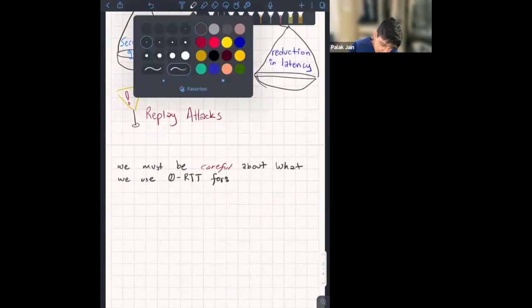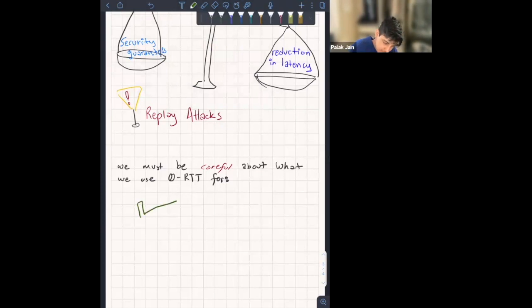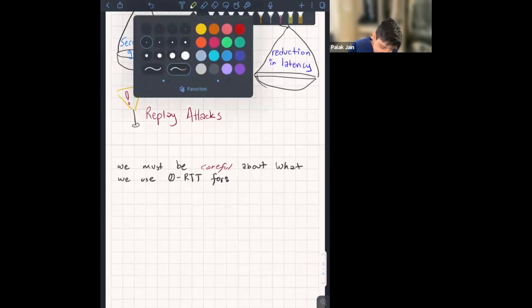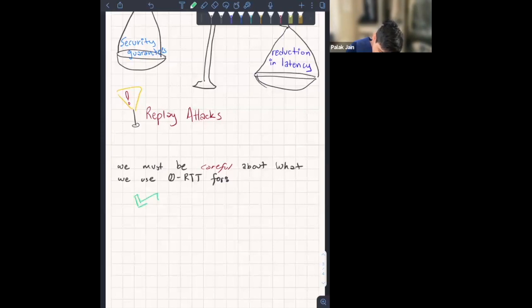So we discussed some examples right now, right? And so maybe I'll use a brighter green. The example of something that worked was getting a public static page, versus what's one situation in which it would be bad to use 0 RTT.